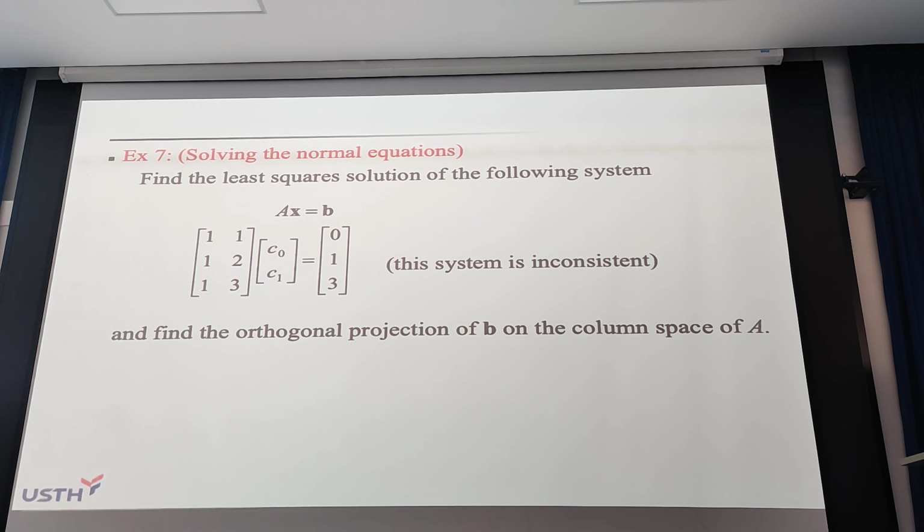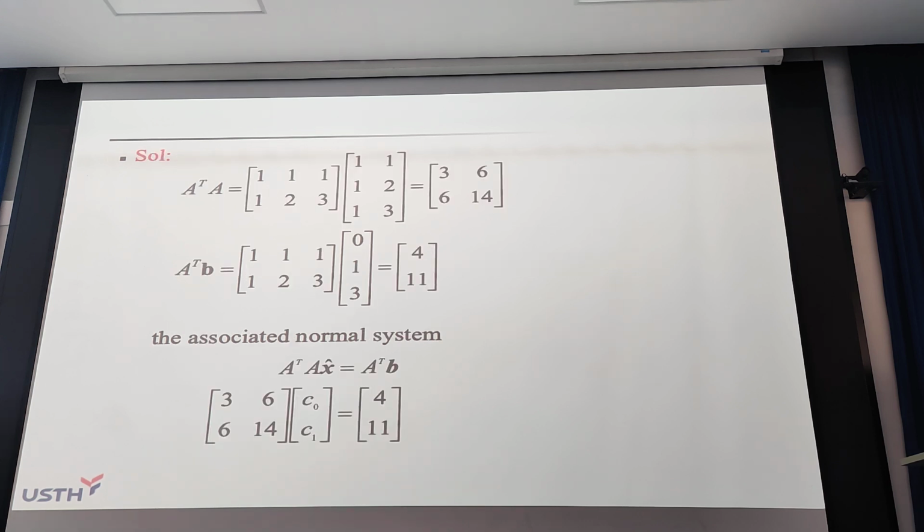Here is an example, a very easy example. Suppose that we are given a system Ax equals b, with A to be that, x to be (z1, z2), and b to be that. We know that the system is inconsistent, and we need to find the least square solution of that. So we follow the previous slide.